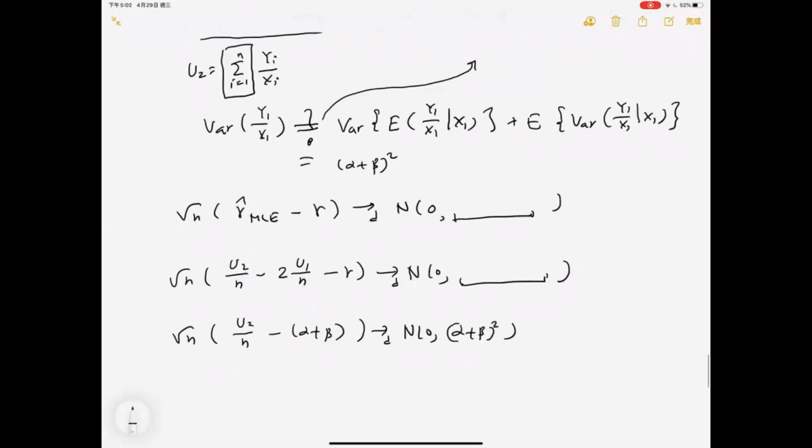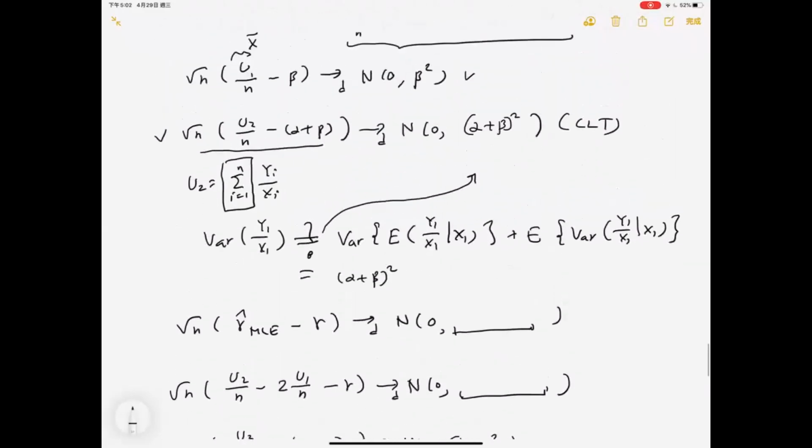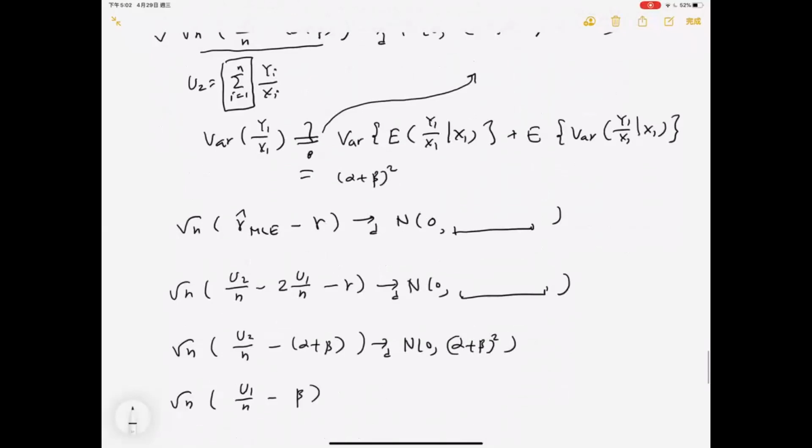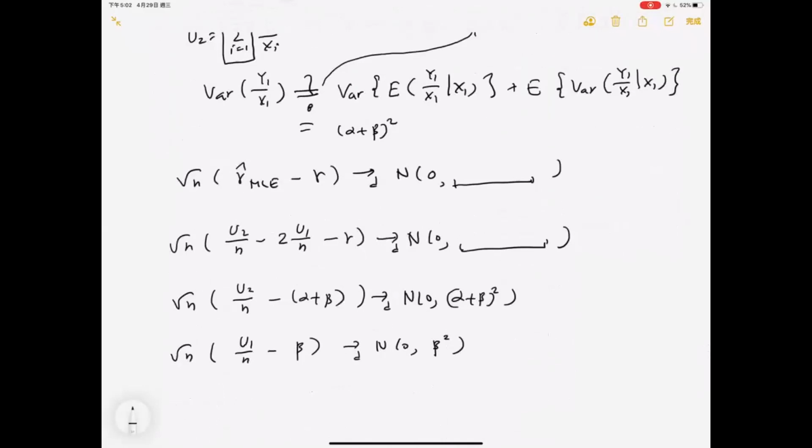Okay, then you also know that square root of n times U1 over n minus beta goes to D, normal, 0, then beta squared. Okay, you know these two guys. You are trying to get to this guy right here. How do you do it? Doing nothing but you times 2 right here, becomes 2 beta, then becomes 4 beta squared.